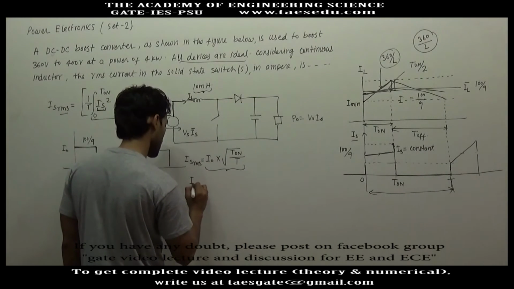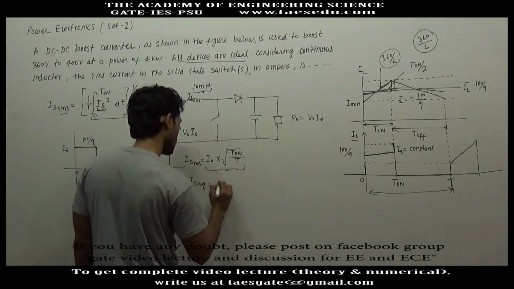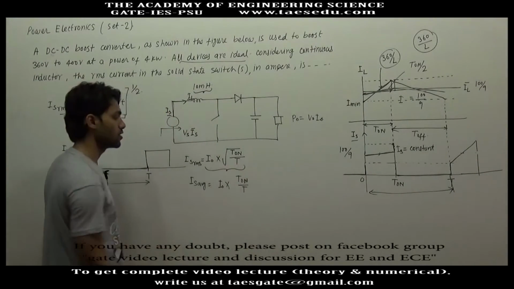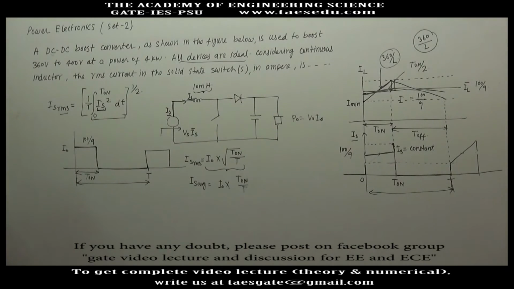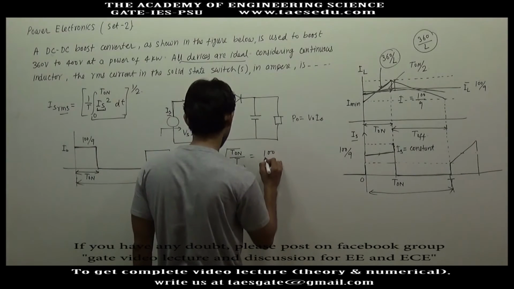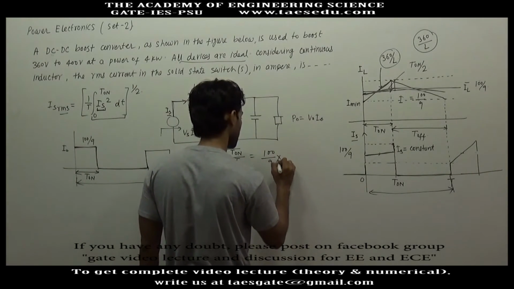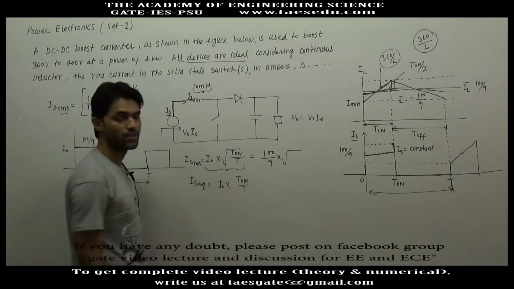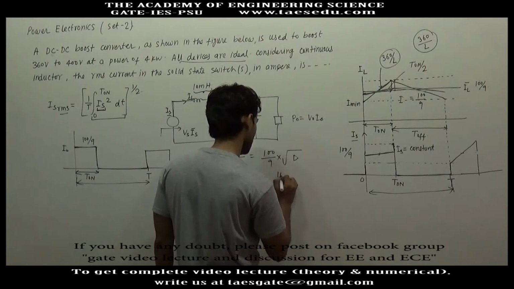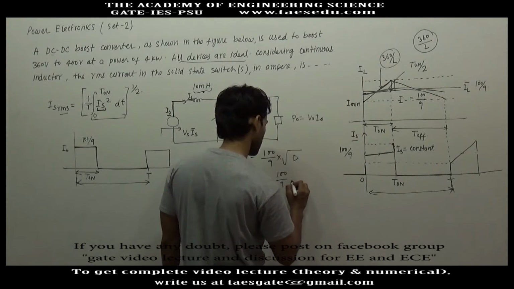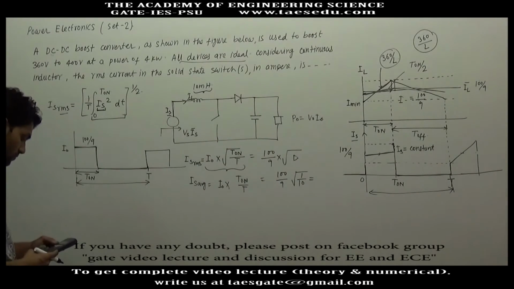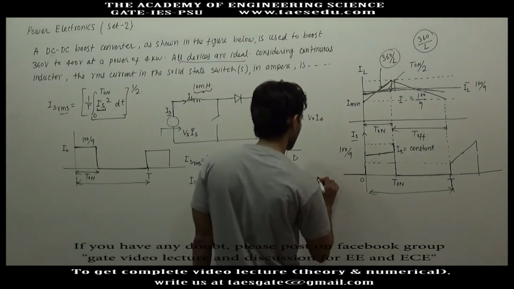For calculating the average switch current, it is I naught into simply T on by T. You need not take the root. So I naught is 100 divided by 9, into root under T on by T, which is nothing but the duty cycle. So 100 by 9 into root under 1 by 10. This will be 3.51 ampere.